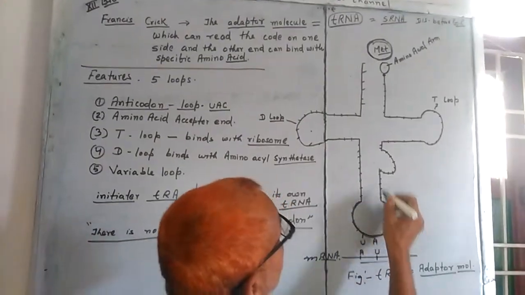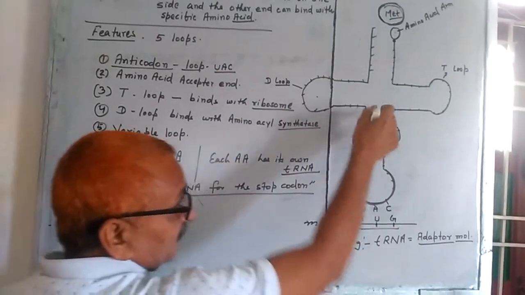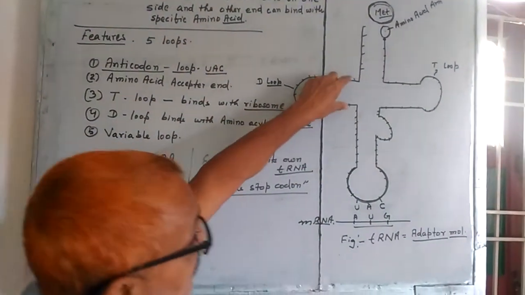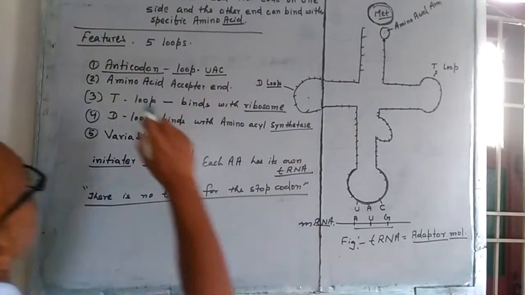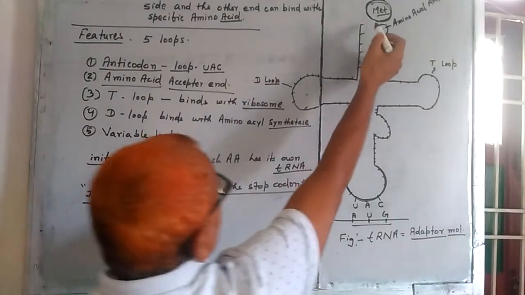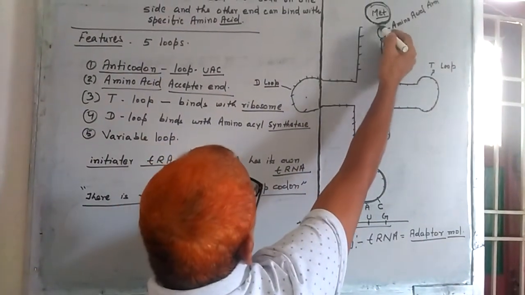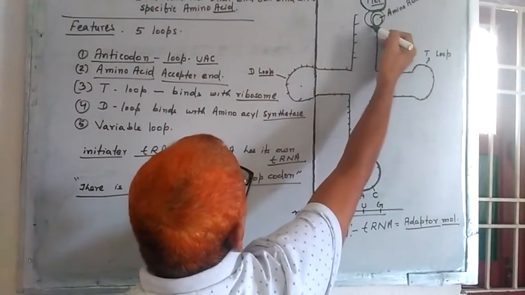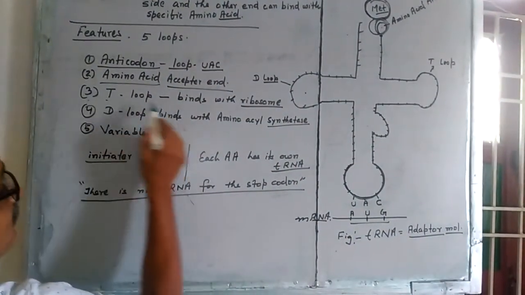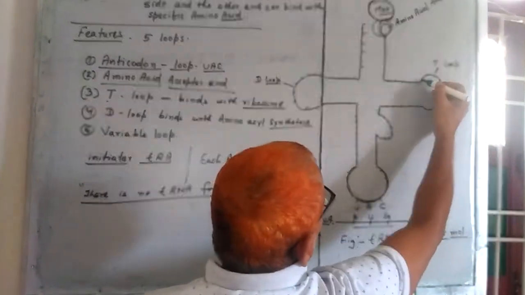It is somewhere single stranded, somewhere double stranded too. RNA is generally single stranded, but these regions are double stranded. Here is the amino acid acceptor end. This end is the amino acid acceptor end. And third is the T loop.